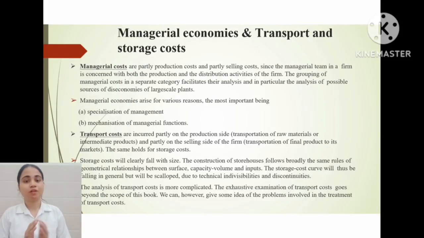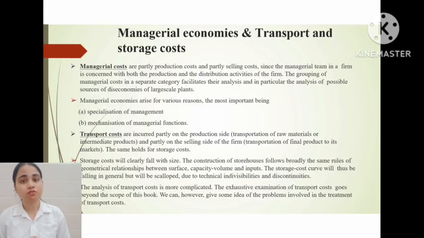Like the transport of final products, the transport of raw material, which includes the production side, and the transport of final product, the result that we have to sell in the market, the selling product, which holds the storage cost. Storage cost will clearly fall with size, that is, how much storage we want for the firm.